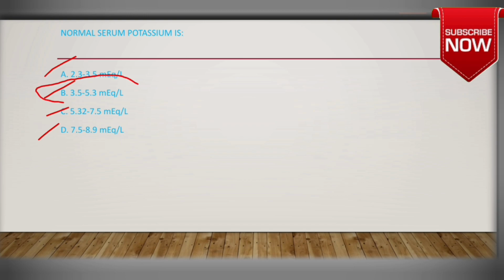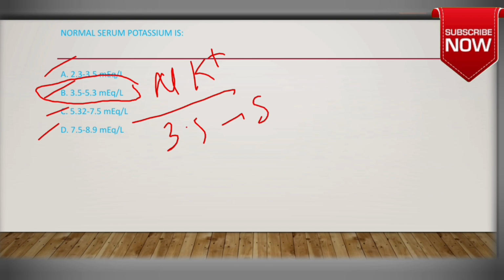The answer is option B, 3.5 to 5.3 milliequivalent per liter. The normal potassium is 3.5 to 5.1 milliequivalent per liter.